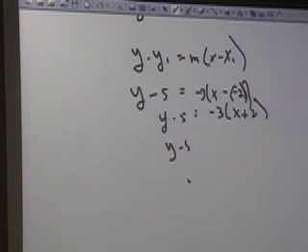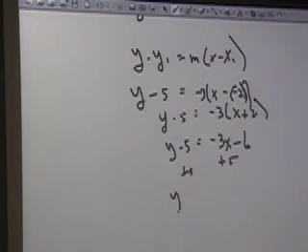We get y minus 5 equals -3x minus 6. And we continue, we're almost done. We're going to add 5 on both sides, and we get y equals -3x minus 1.